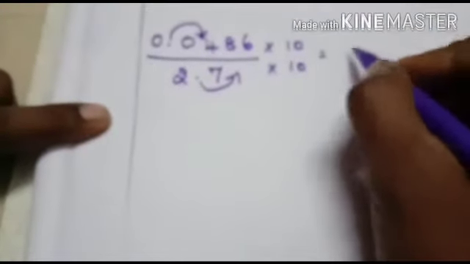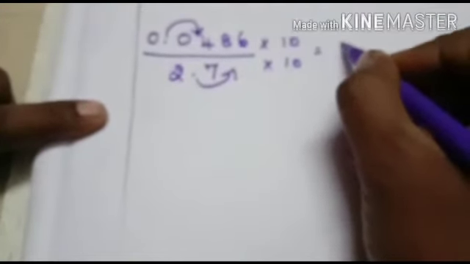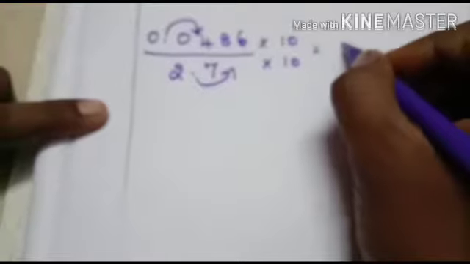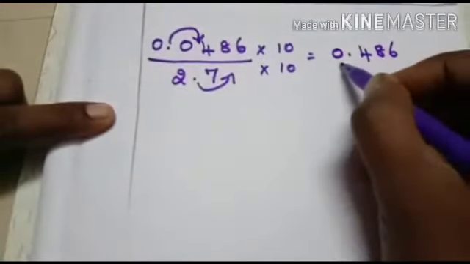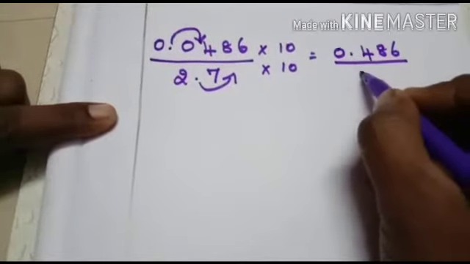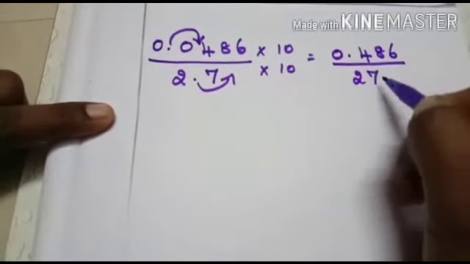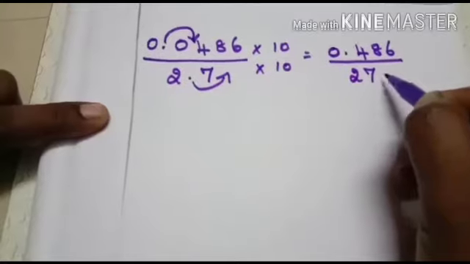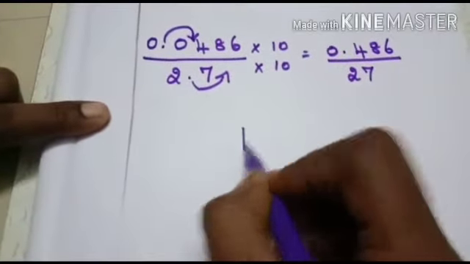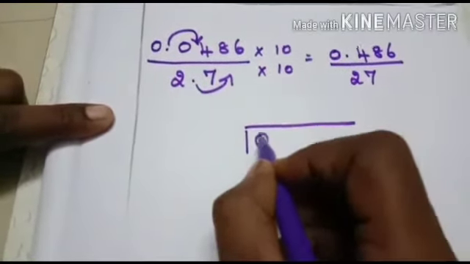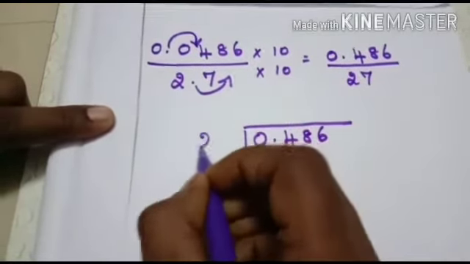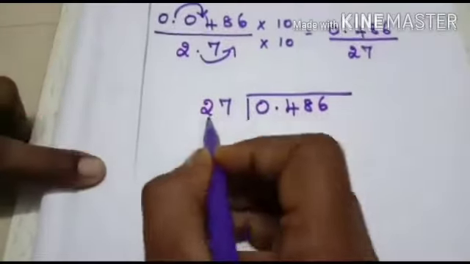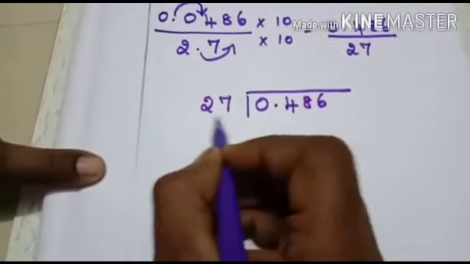So we get the dividend 0.486 and the divisor 27. And then we divide this number, 0.486 by 27. Now the divisor is a whole number.